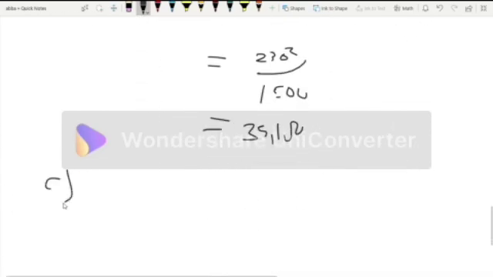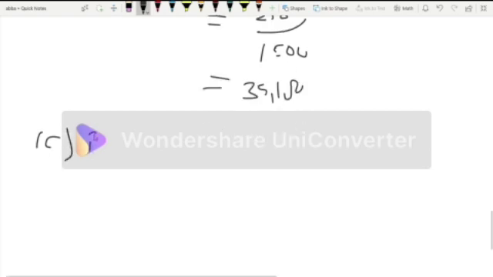Now for C, they ask you to calculate the current given by that. Remember, P average equals Irms times Vrms. So now we can calculate the current by dividing by Vrms.